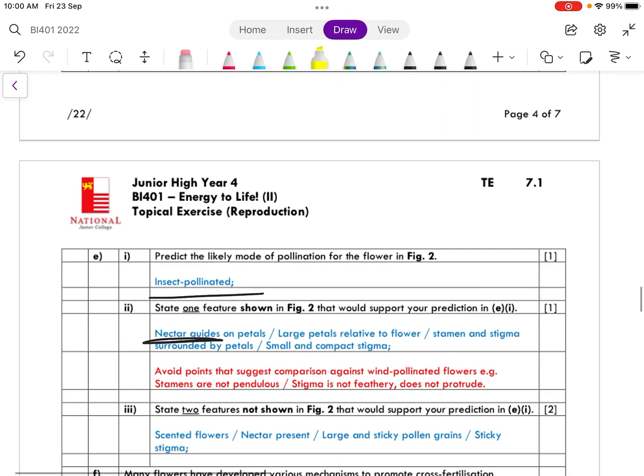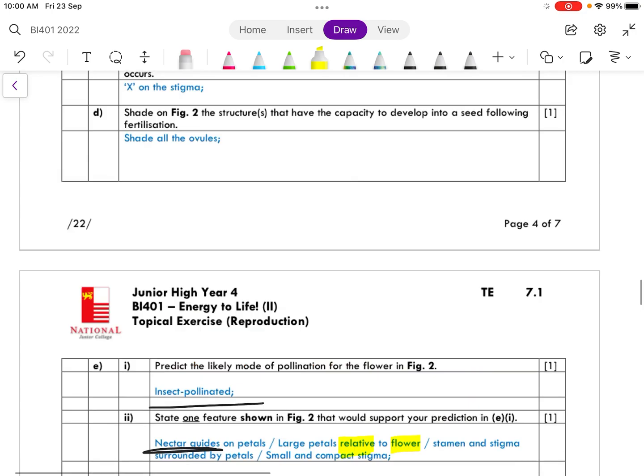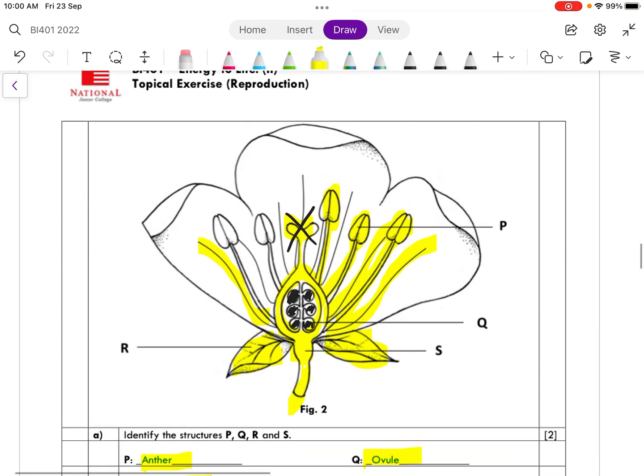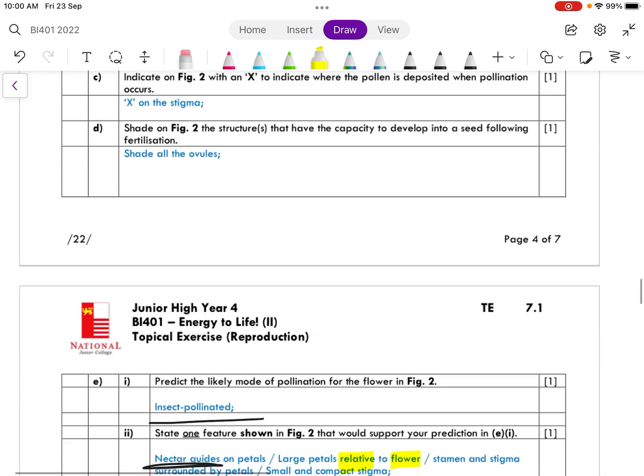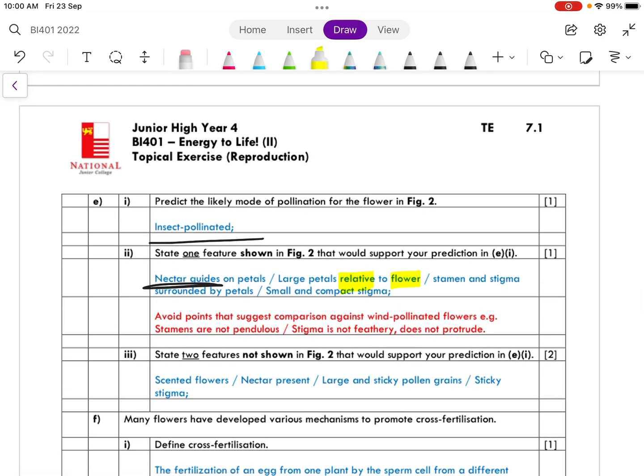Next, you can say that they have large petals relative to the flower. We cannot tell if these petals are really that large because we have no sense of scale. But at least when you look at the petals relative to the flower, it is quite large. But for all we know, this flower could be quite microscopic. Next, stamen and stigma surrounded by petals.